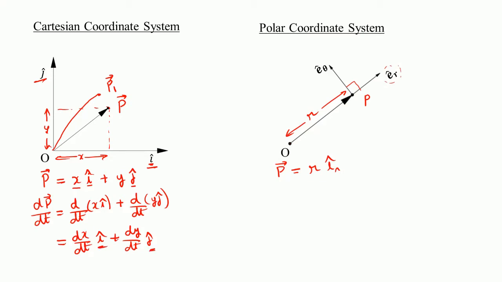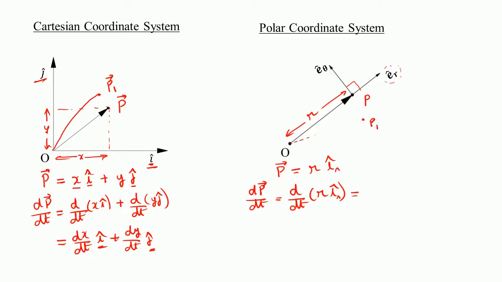Now let us see velocity in polar coordinate system. In polar coordinate system, this can be written as dp by dt is equal to d by dt of r into er. Now when you see this, here er doesn't remain constant because as the position changes, say the position goes to this point P1, then what happens?